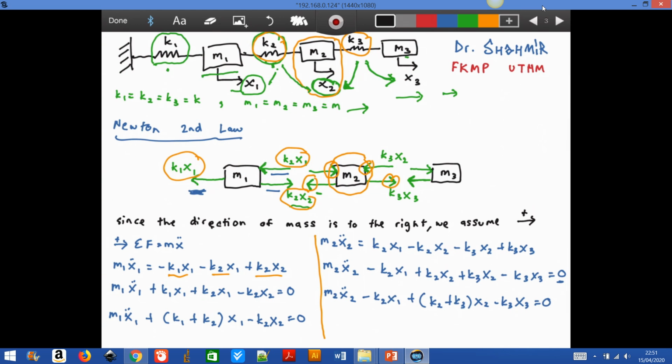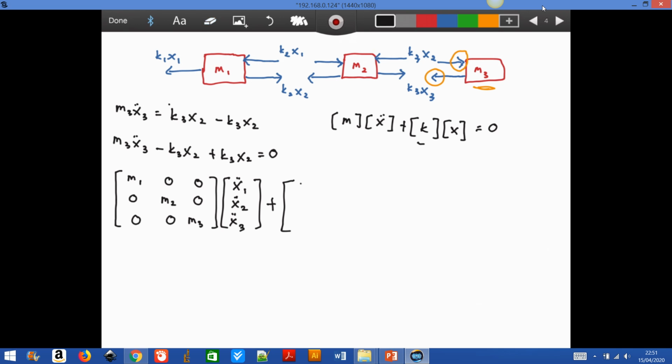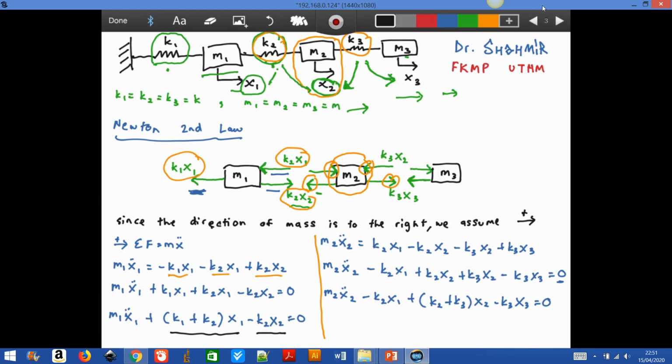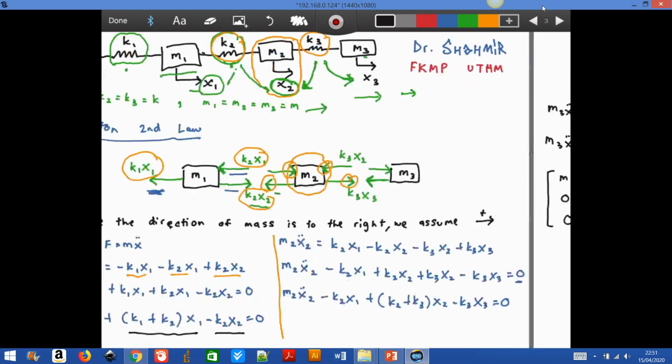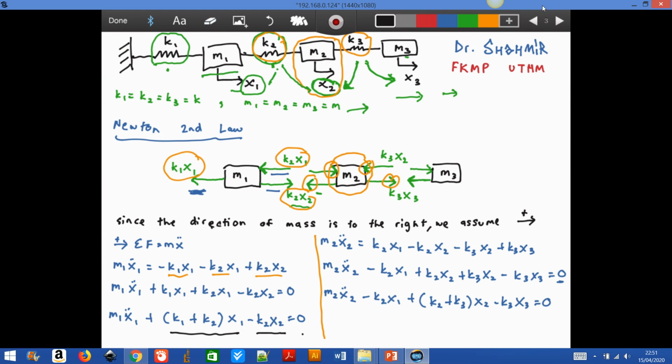let's look at the first one. We only have k1 plus k2 on x1 and minus k2 on x2. So it will be k1 plus k2, and then minus k2. Let's do it this way so you can understand well, times x1, x2, x3 equals 0. So in here it will be 0 because there is no x3 in here, so that's why it becomes 0.